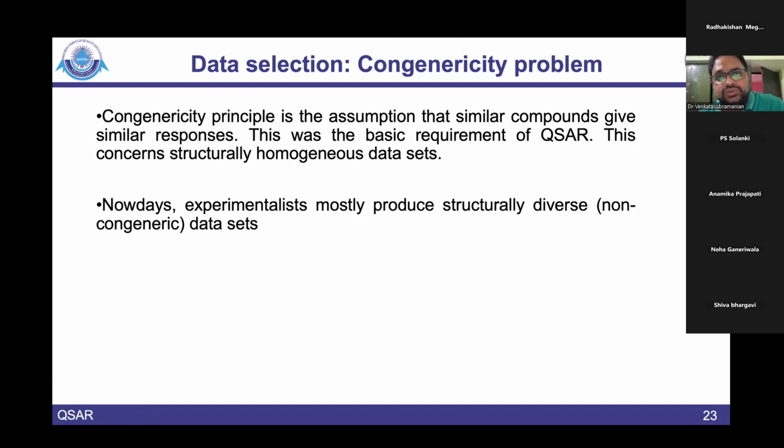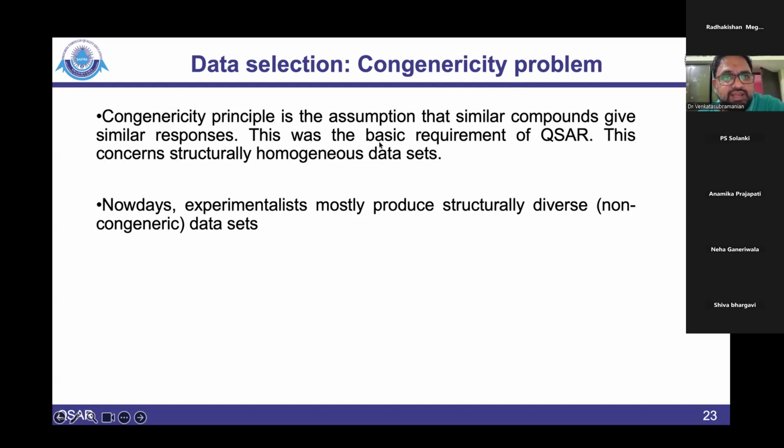So the problem that we have in data selection is the congenericity problem. The first problem, as I said, is that the compounds should be similar compounds. What we have with congenericity is that we have similar data sets.